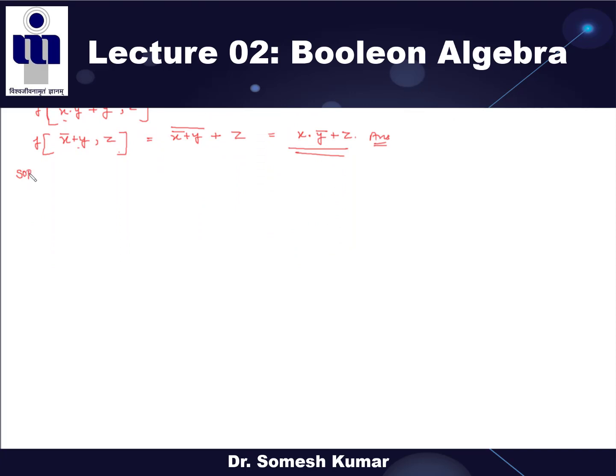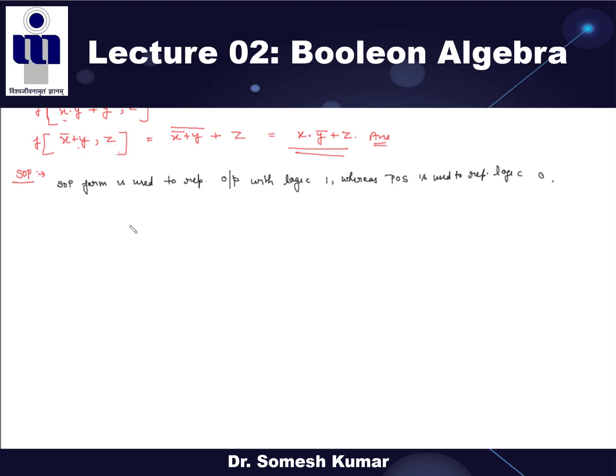What is the SOP form? You know, SOP means sum of products, and I already told you the SOP form is used to represent outputs with logic 1, whereas the POS form is used to represent outputs with logic 0.